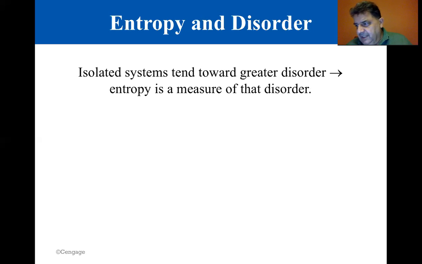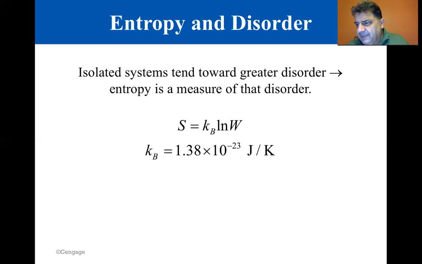Here's another way to calculate entropy. Where k_B is Boltzmann's constant, and W is a number proportional to the probability that the system has a particular configuration. The symbol ln again stands for natural logarithm.